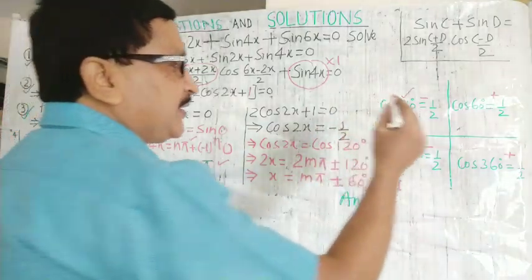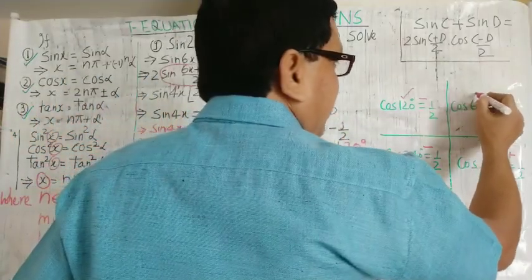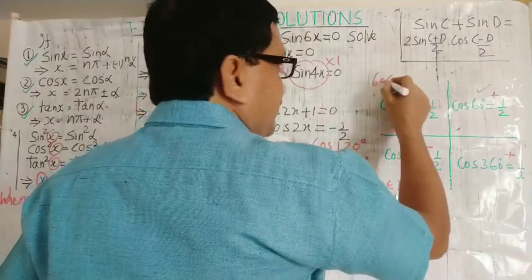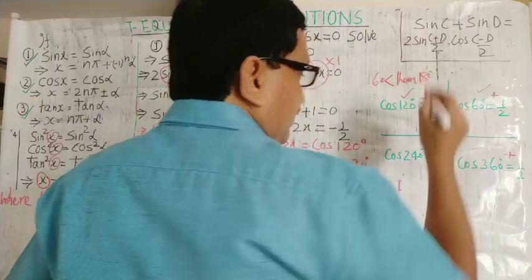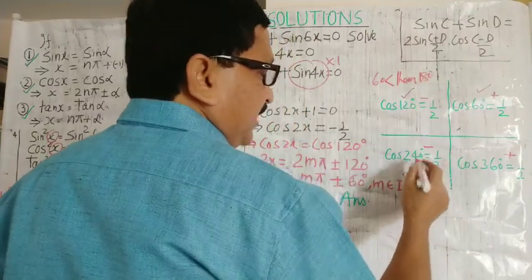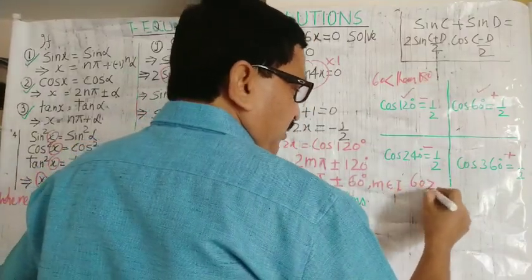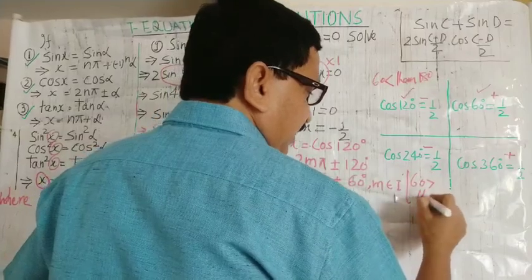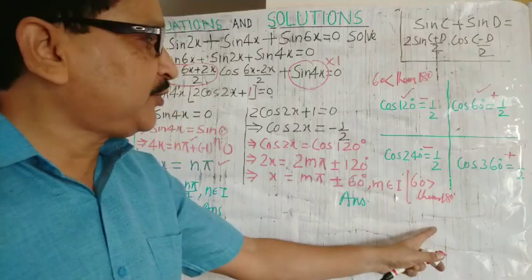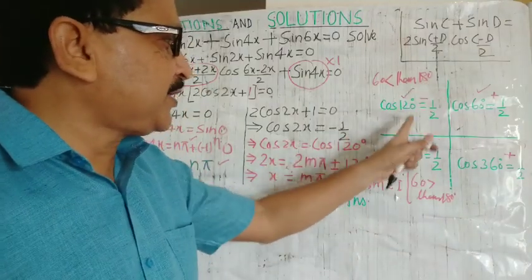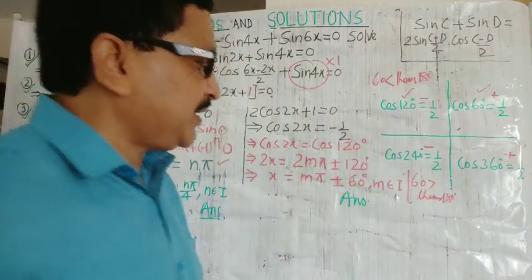So just see, 60 degree is selected, and 60 less than 180, and 60 more than 180. Add 60 to 180 and subtract 60 from 180, then we get 120 and 240.